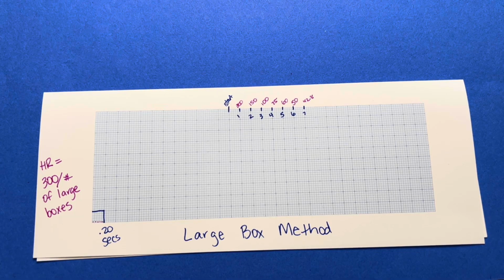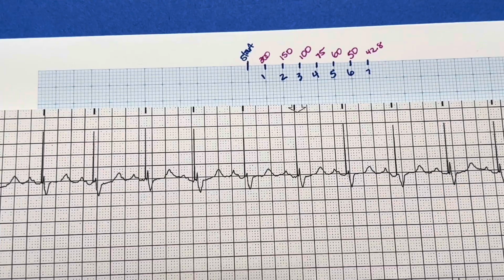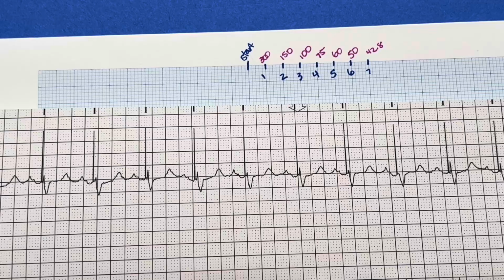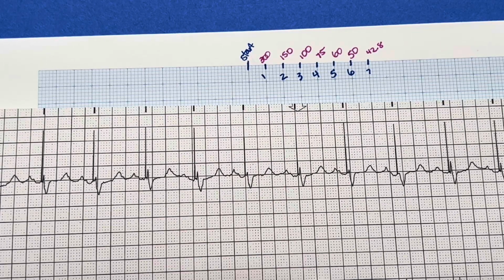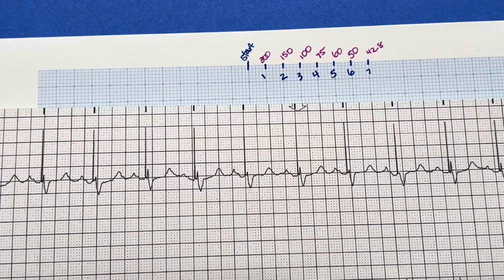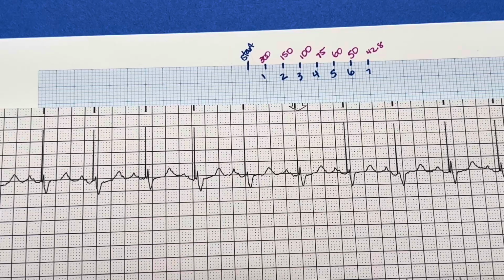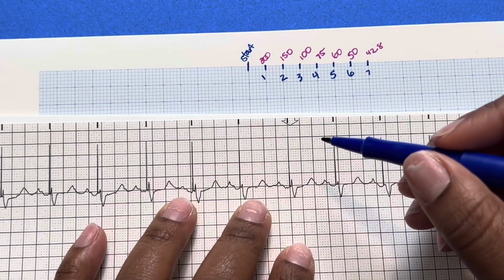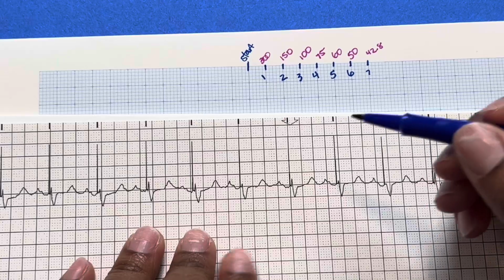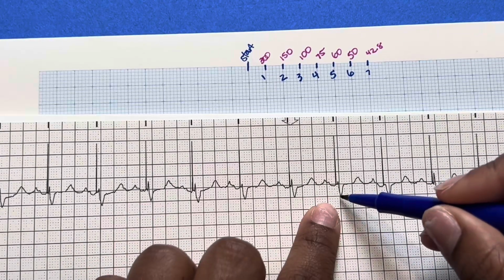So let's look at another strip and see if we can calculate the heart rate. Okay, so I have another regular rhythm strip here, because remember the box method works best for regular rhythms, meaning that the QRSs are marching out consistently at the same pace. So let's calculate the big boxes in between each QRS. So let me find one that starts on a line here.